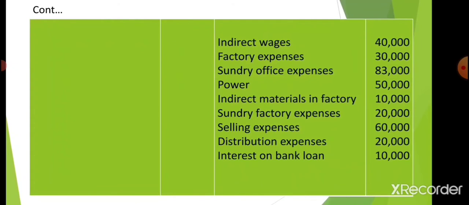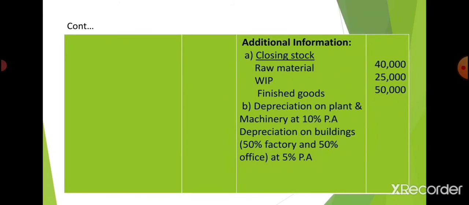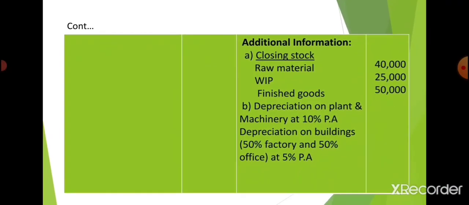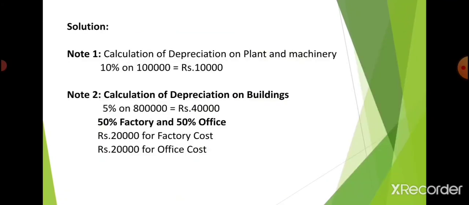Next, direct materials, power, and then depreciation on building. Depreciation on building 50% office, so they have given.